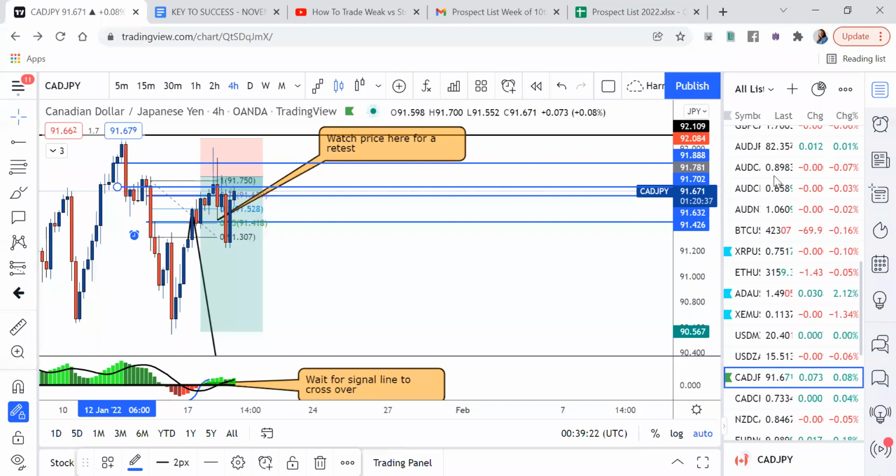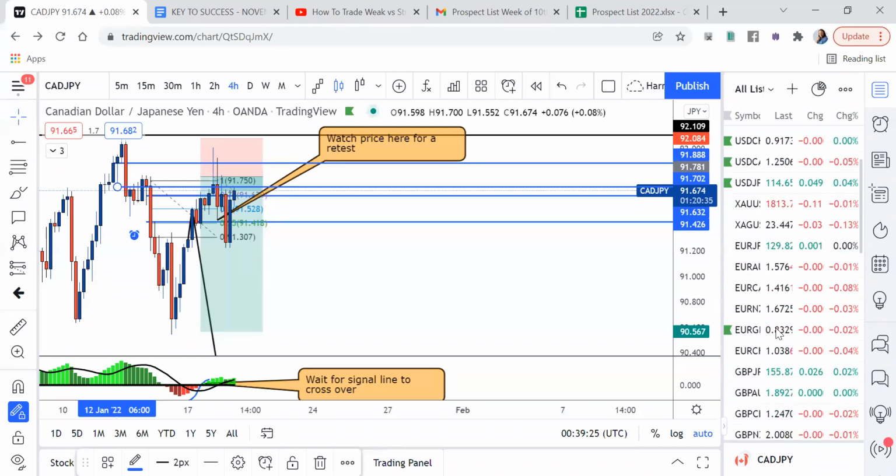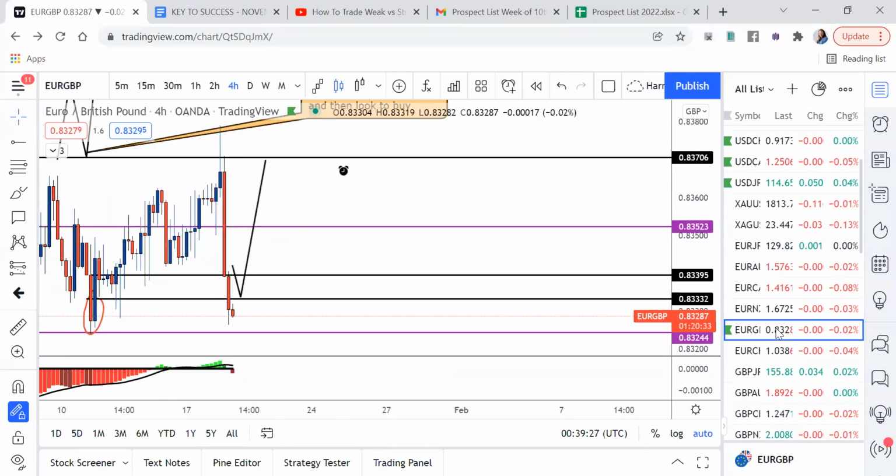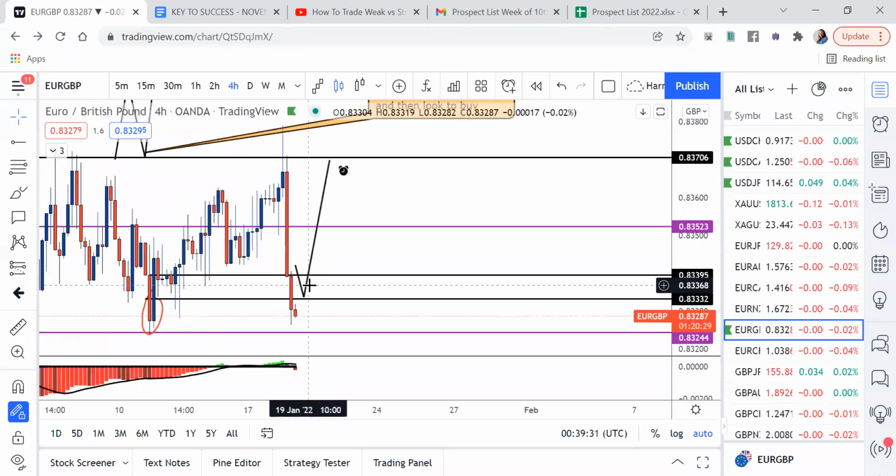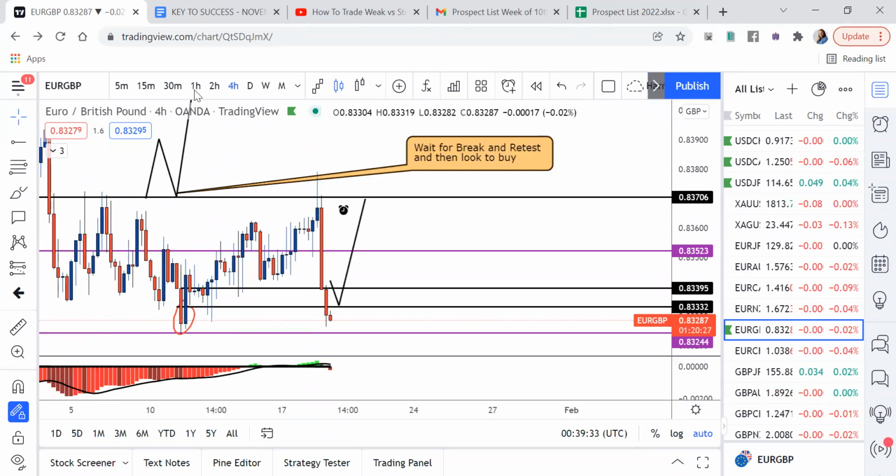Right. Something else that I was looking at today was Euro GBP. Now I had my eyes on EG to just see how it would react. What I did notice today was that I had a 4-hour retest for sell. So I didn't send this out as a setup that we may be interested in.